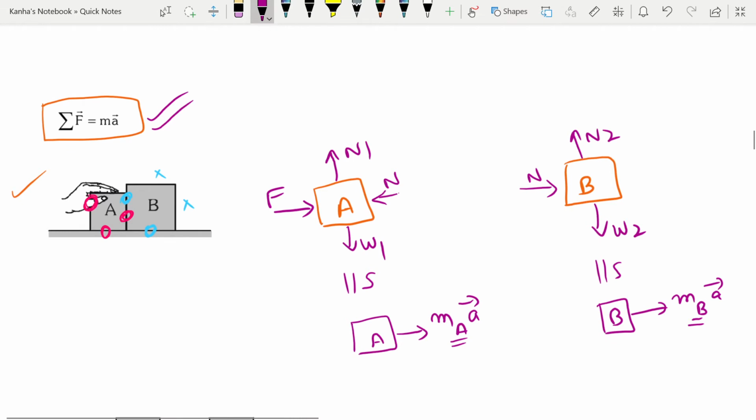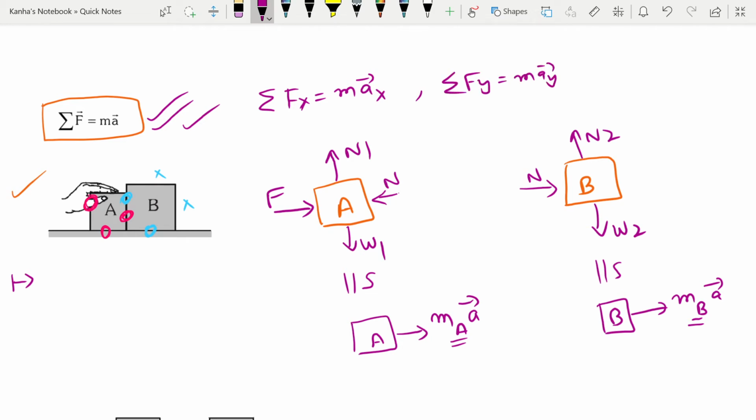So if I try to write my equations now using summation of F is equal to Ma, this implies summation of Fx is equal to M ax, and summation of Fy is equal to M ay. Now because only in the x direction there is some motion, we will have M ay equal to 0.